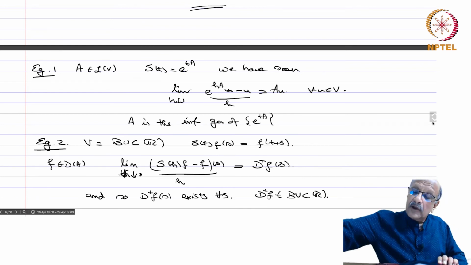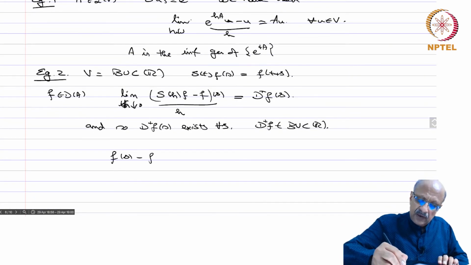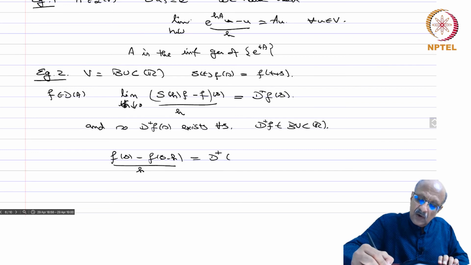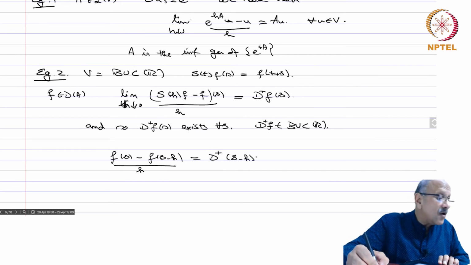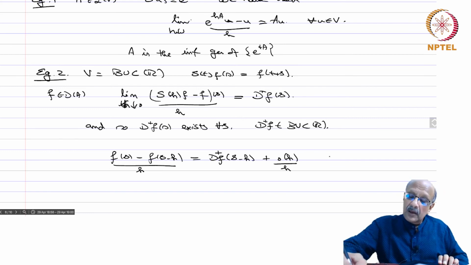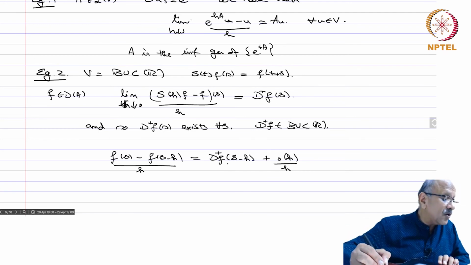Now you look at (f of s minus f of s minus h) by h. This you can write as d plus f at s minus h plus little o of h by h. By little o we mean that the numerator goes to 0, this quotient goes to 0 as h goes to 0.